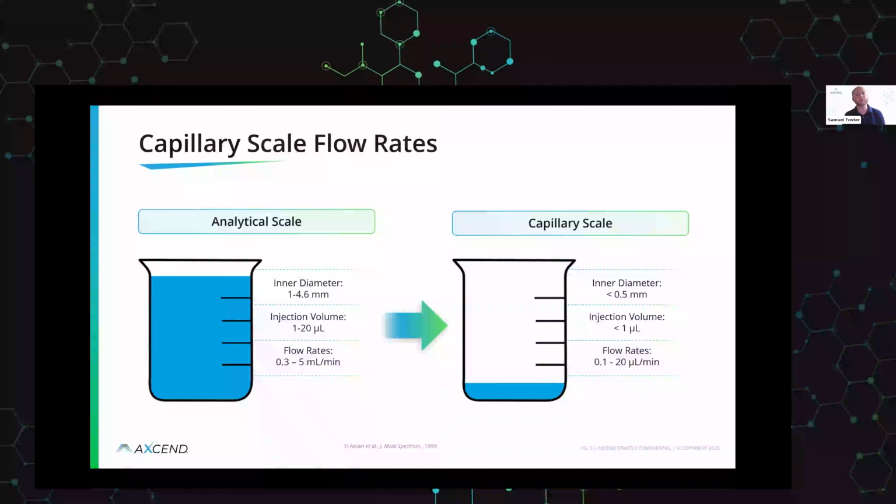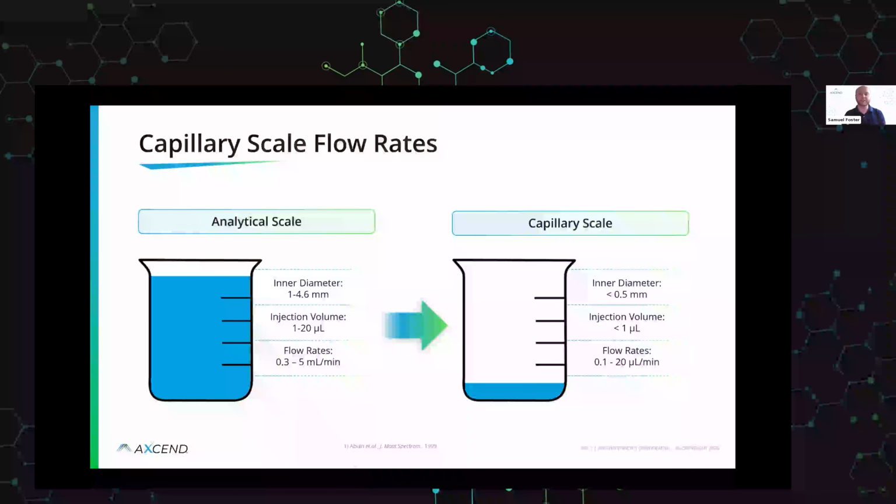When you're shifting down to the capillary scale, you're looking at columns that are 0.5 millimeters in inner diameter or less. There is a nanoscale down, I think, at 75 micron and below inner diameter, which we're not going to get into today, but there's all sorts of different methods for that as well.